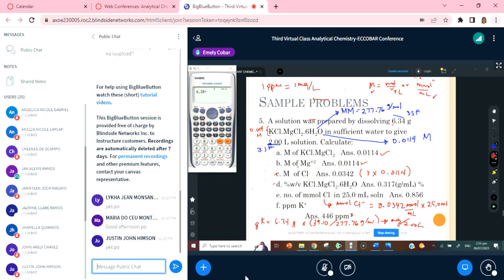Times 1,000, kasi ml eh. Divided by 2,000. And then, percent kasi times 100, di ba? Yan. Tapos, times 100 para percent. And I'll get the answer. Ayan, 0.317 gram per ml percent. Ito yung class. 0.317 gram per ml percent. Okay?